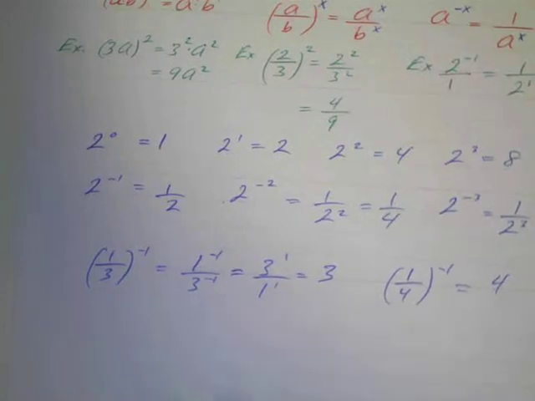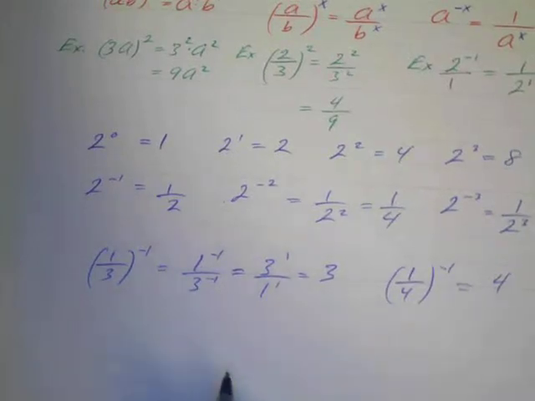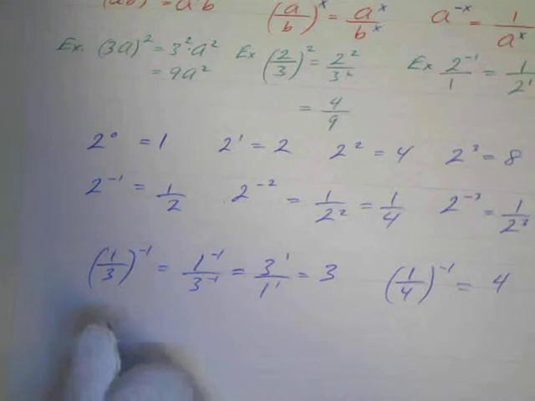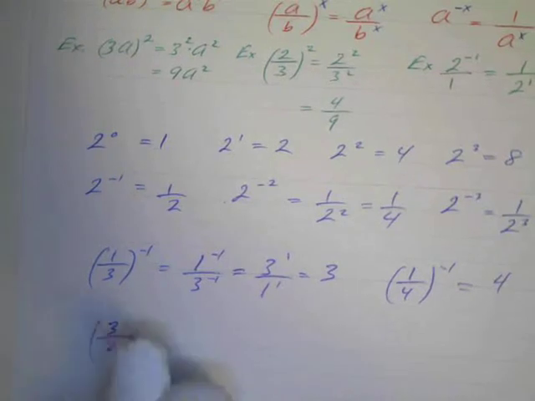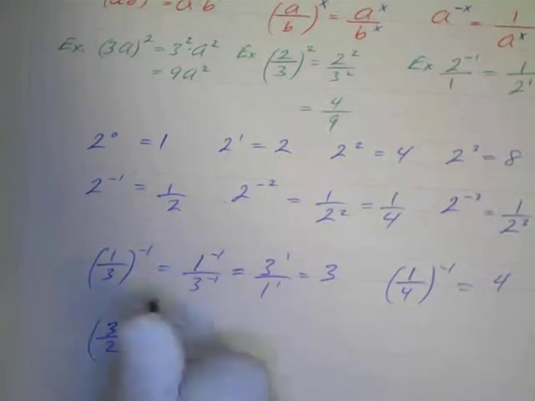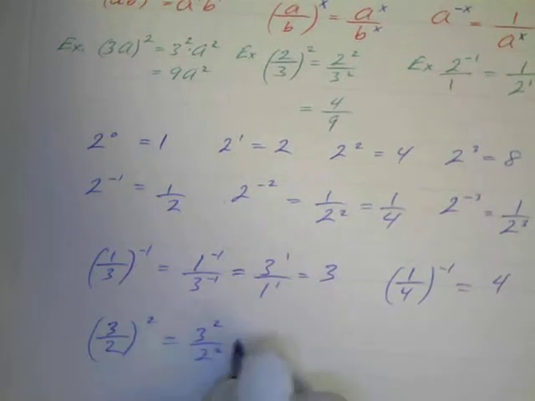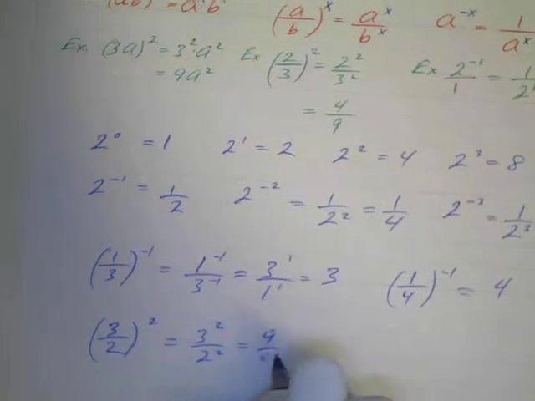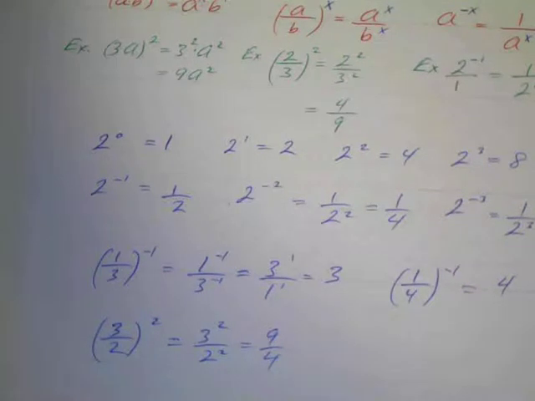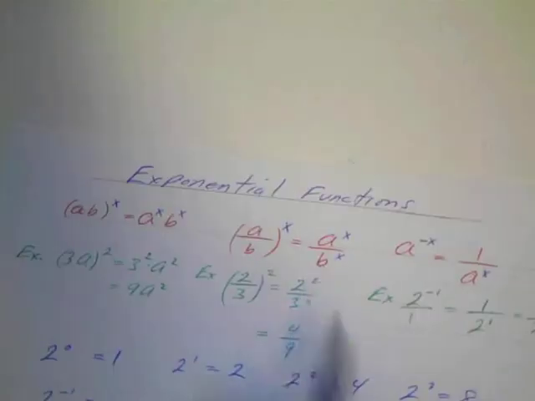If we have something like 3 over 2 squared, that's the same thing as 3 squared over 2 squared, which is 9 over 4. And you could always take this shortcut. I just want you to see how we use these properties from above.